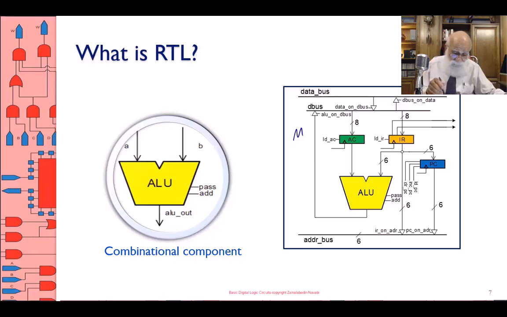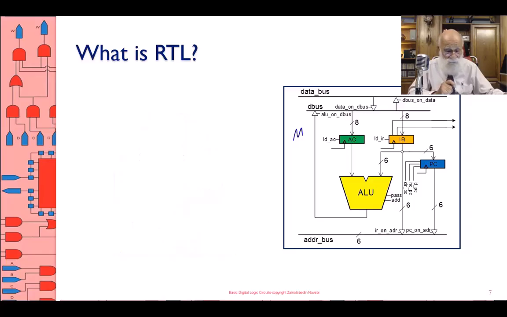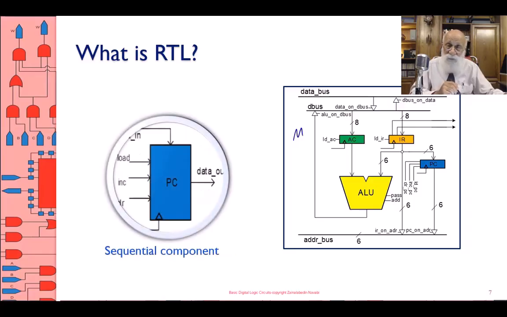So, a combinational component of RTL is ALU. How are these put together? These are put together with also sequential components. Once again, I'm not concerned with sequential components yet. I will get to that before the end of the course.